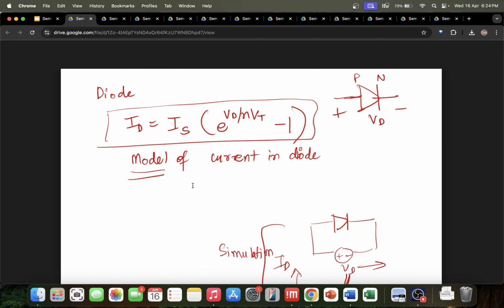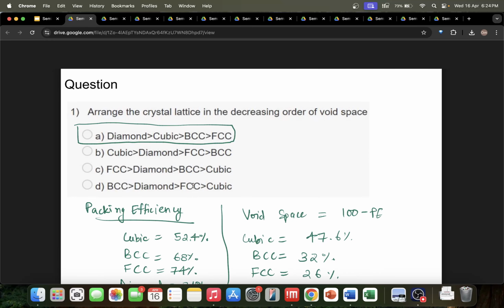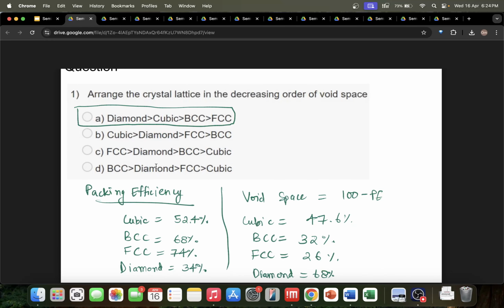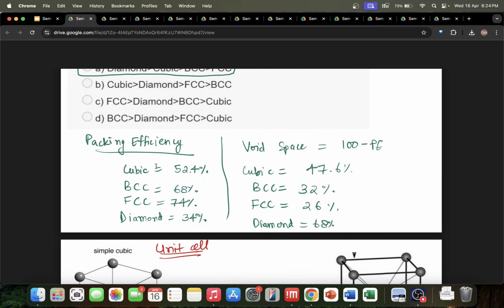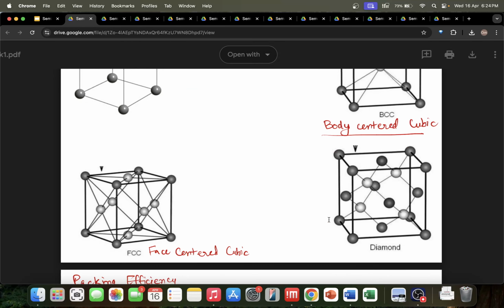So we started with a simple diode equation, and we also looked at questions on packing efficiency. These are very important questions. We discussed all the different unit cells: simple cubic, body centered cubic, face centered cubic, and diamond.